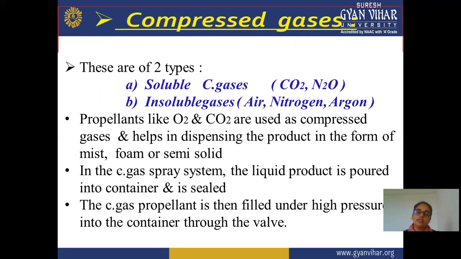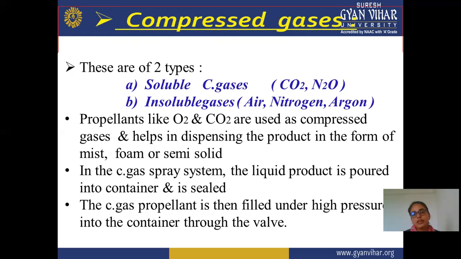Soluble and insoluble gases are classified according to the type of solubility. For soluble gases, we consider CO2 and N2O. These are examples of soluble gases. And insoluble gases include air, nitrogen, and argon. These are examples of insoluble gases.